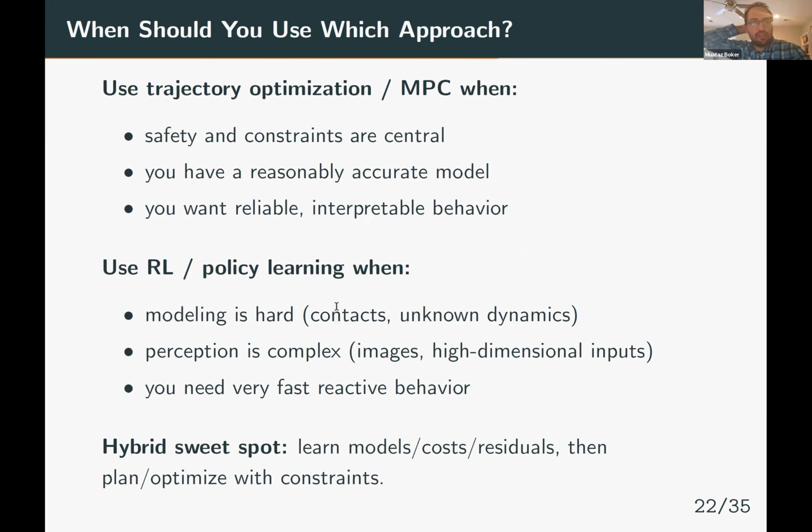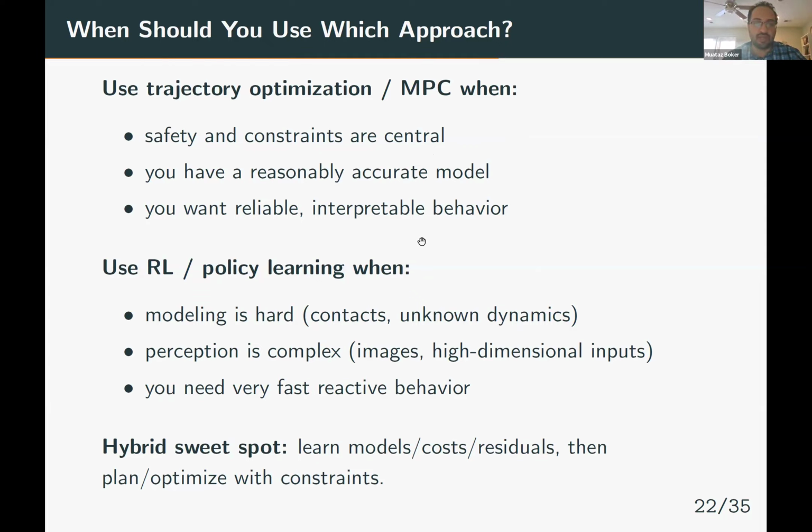So when should you use which approach? Trajectory optimization or model predictive control you should consider when safety and constraints are central, when you have a reasonably accurate model, and when you want reliable, interpretable behavior.